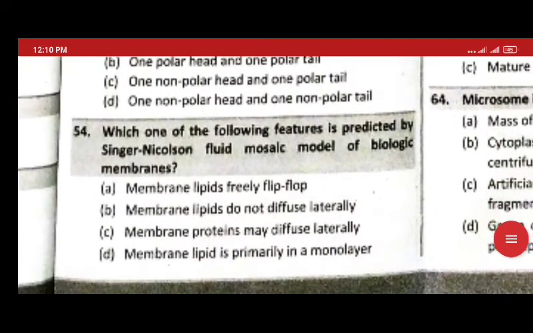Now 54, which one of the following features is predicted by the Singer-Nicolson fluid mosaic model of the biological membrane? Here they said that they may be in the lateral, so 54 is C, lateral should be right.